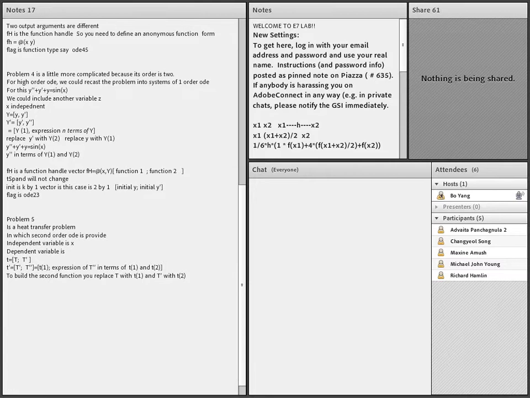For this problem, we have two cases. The first case is named initial condition problem, which means T0 and T prime 0 are given.